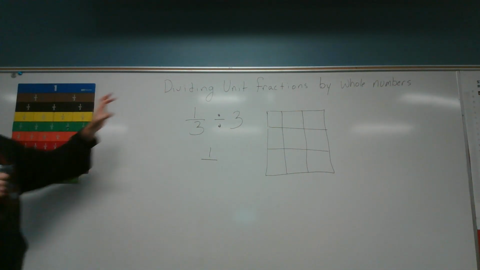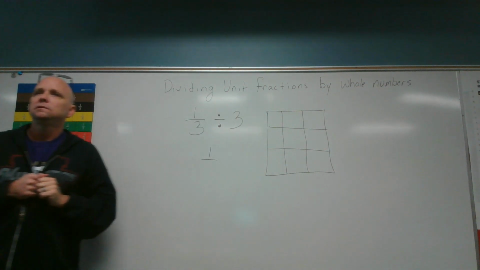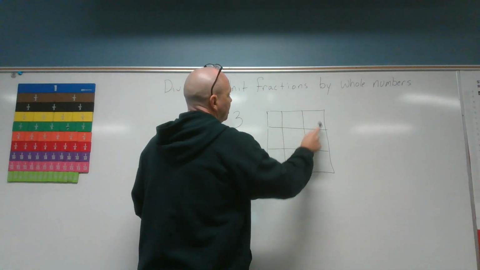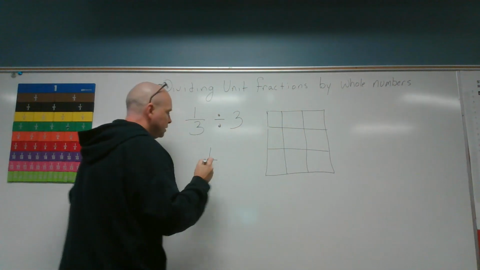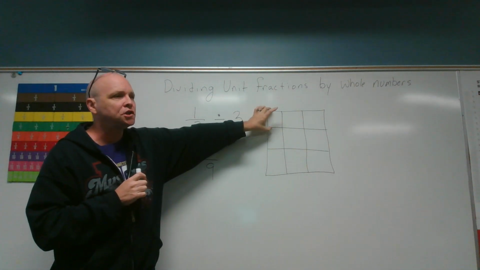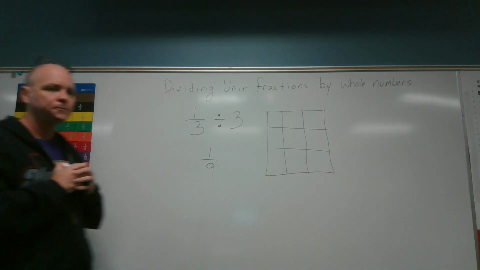Because I'm just finding out how much one piece equals. And then it's total pieces, 1, 2, 3, 4, 5, 6, 7, 8, 9. There are 9 total pieces. So each little section is worth 1/9. Each little section is worth 1/9.